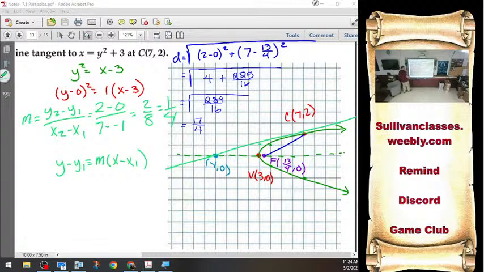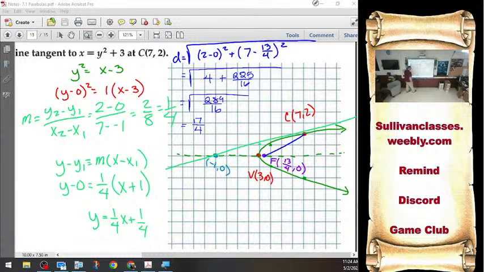Please tell me that you remember basic algebra 1. You have to be able to find it. Basic algebra 1.